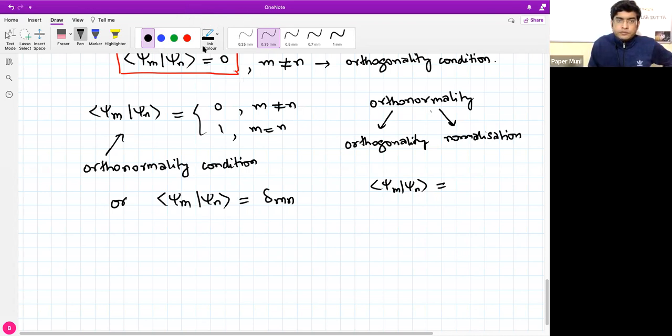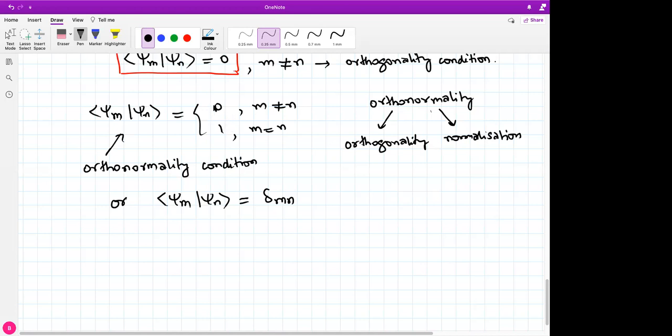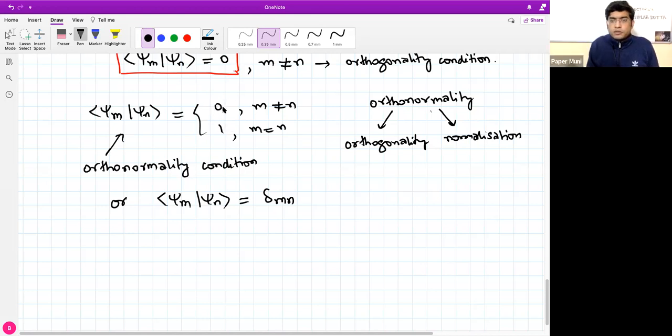Now see, you can see from this that there are only two options possible, 0 or 1. I say 1 because it could be a finite number, and then you have to normalize it. If psi m and psi n are the same psi and psi is normalized, you will get 1.